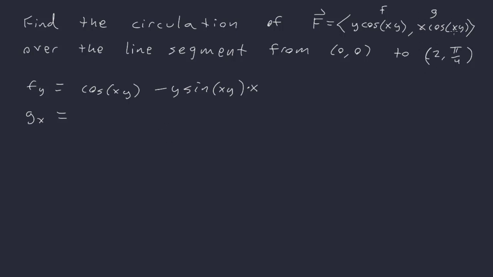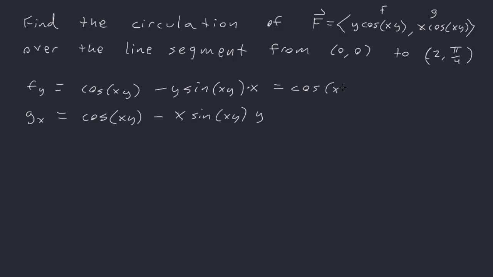Then g sub x, same exact idea. It's going to be the derivative of x, which is 1, times cosine xy, then minus x left alone this time, times sine of xy, but now we're differentiating with respect to x this time, and we get y on the outside.